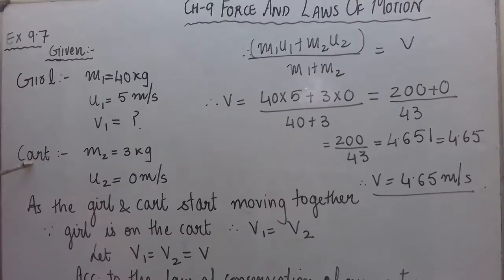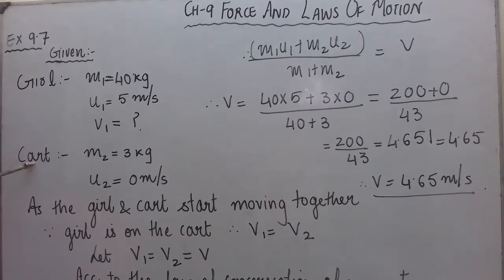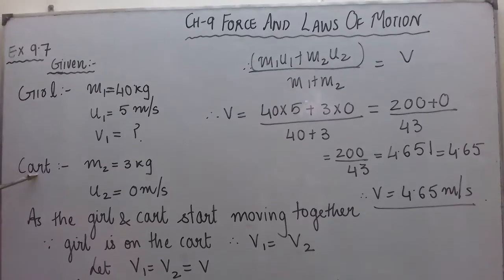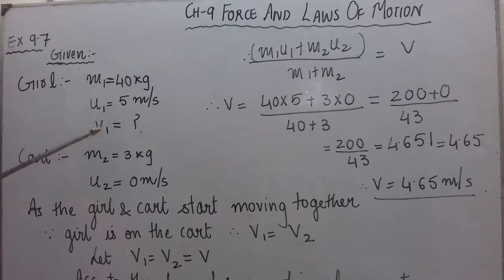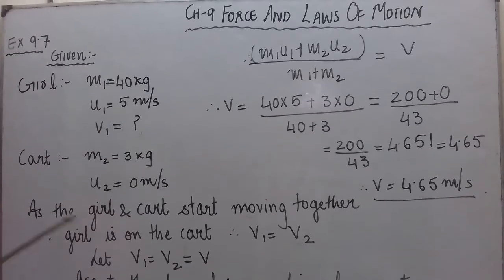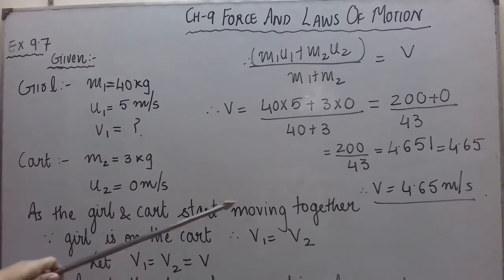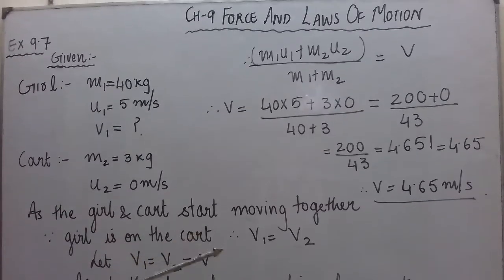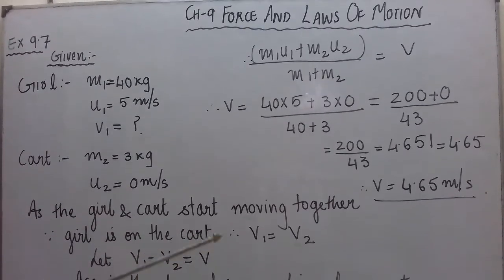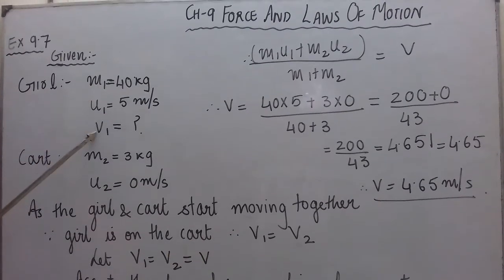It means the cart and girl move together with the same velocity. Although we have to find V1, we should remember that as the girl and cart start moving together, their final velocities are equal. V1 is equal to V2, and this we have to find out.